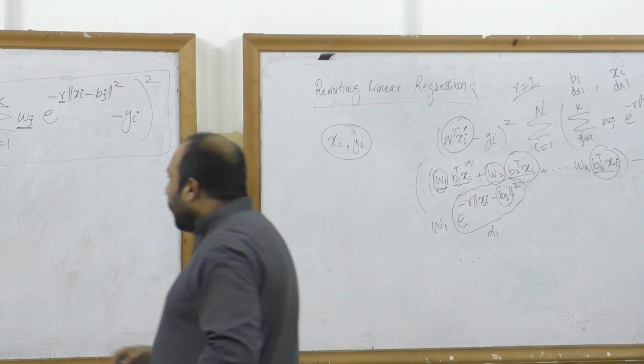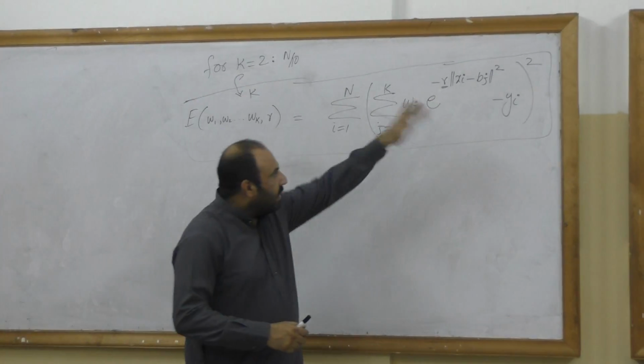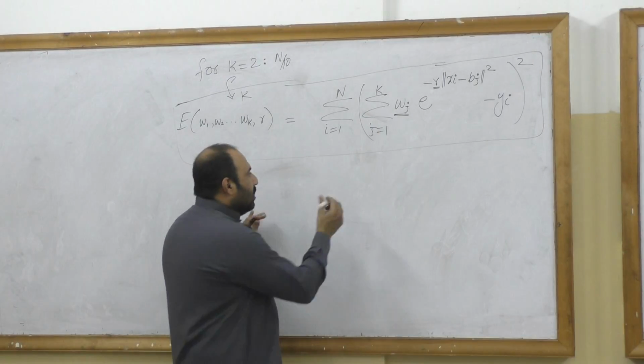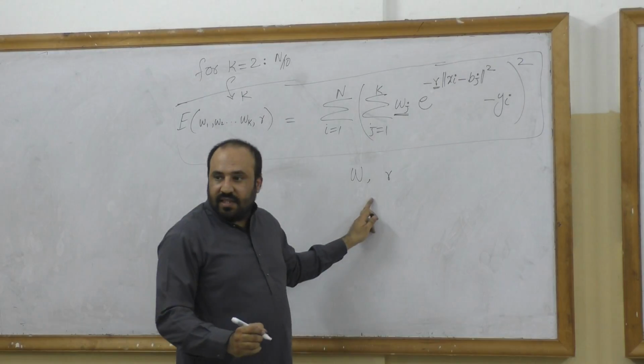Makes sense? Okay, so for k equal to 2, you make 2 clusters, then you apply linear regression, then gradient descent, then linear regression, then gradient descent and so on. At the end, you find the best W's and the best R. Make sense?